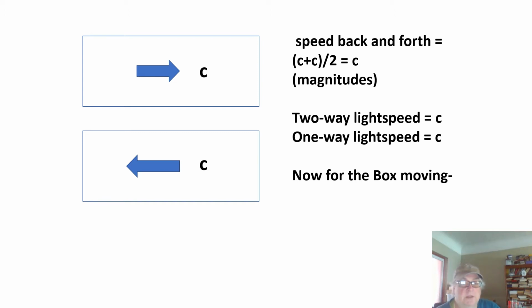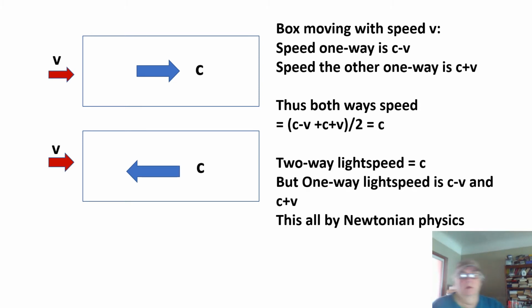Now consider the box moving. So now we're considering the box moving with speed v in the direction shown. Speed one way for the light is now c minus v, and speed the other way is now c plus v.